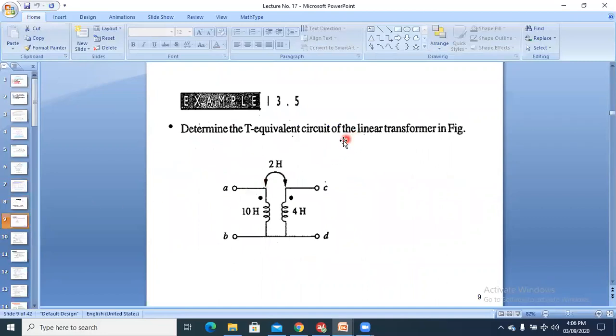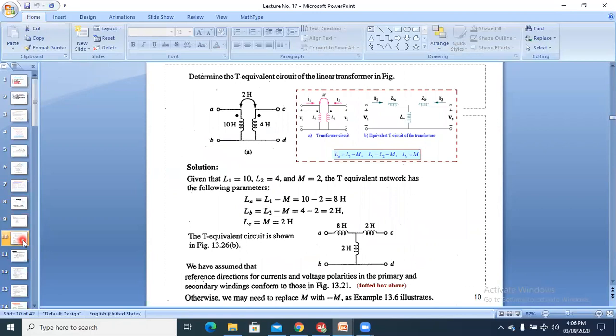Now we have to find the T equivalent circuit of the linear transformer. For this linear transformer, what we do first is replace the quantities with the corresponding T circuit, such that the dots are in the same direction and both currents are entering into the circuit.